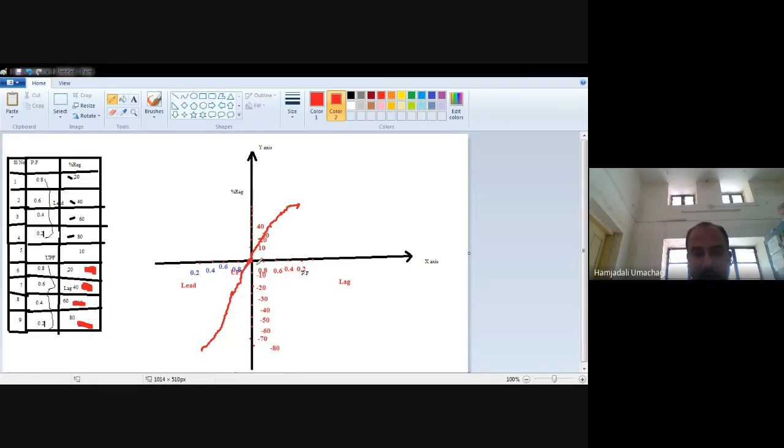Lagging power factor will always give positive regulation. UPF will give the least positive value, and leading power factor will give negative regulation. After indicating all those points, you get this kind of S-shaped smooth curve. You need to draw this curve at the end of the experiment.